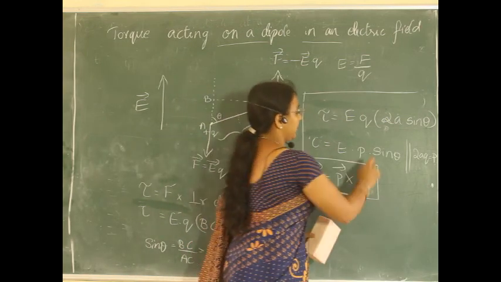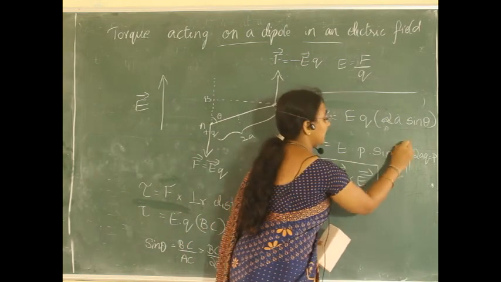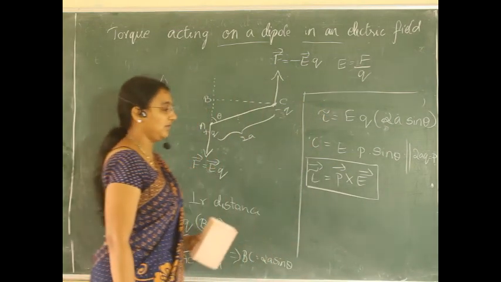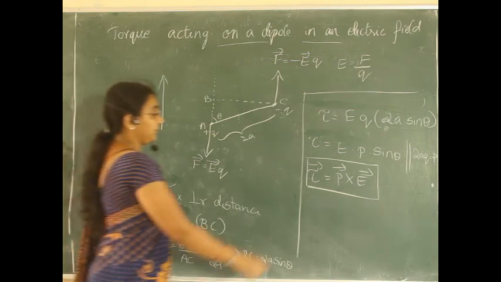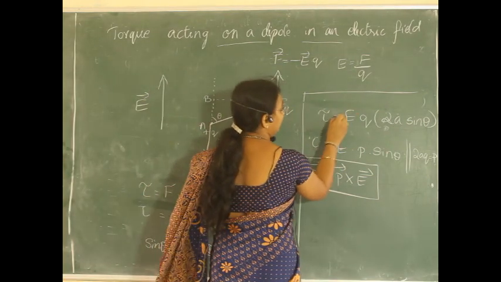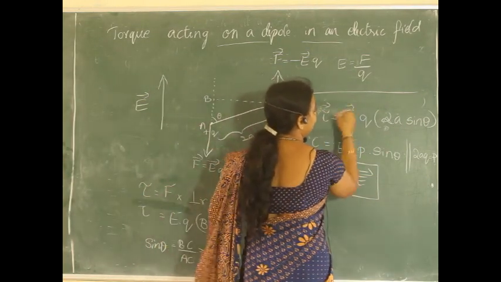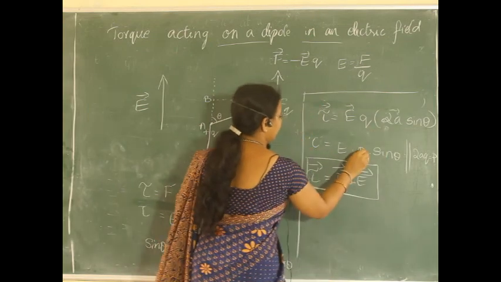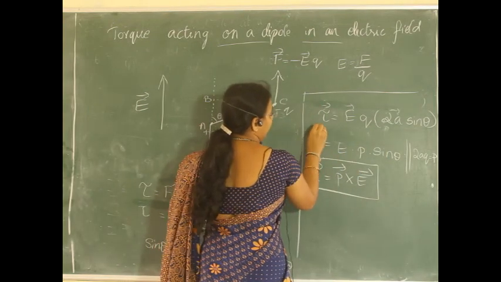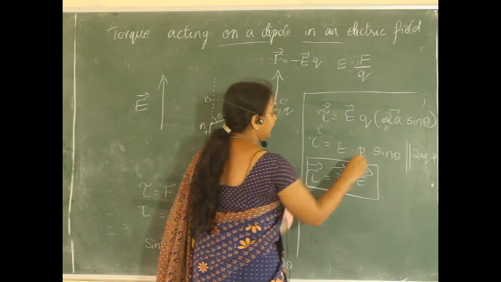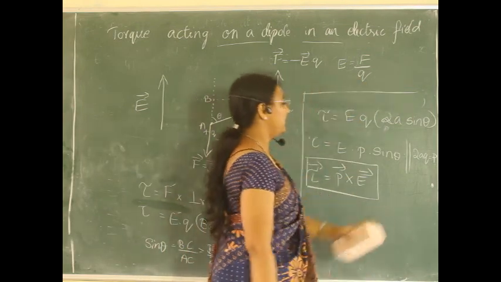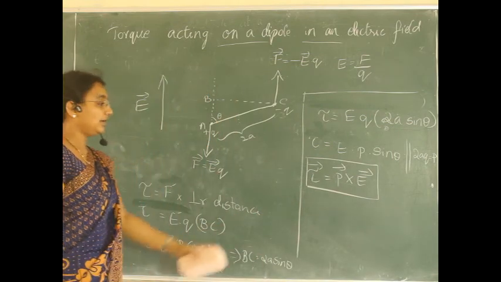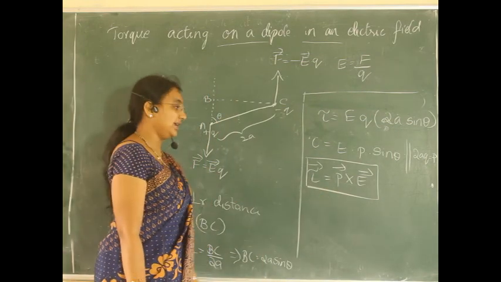Or else, if you write like this with the vector form, we will have to write one P cap. That's all. So this is nothing but the expression. Suppose, like the previous one, you have already put the vector form here and here also, then what you have to do is tau vector, E vector into P cap you have to write. That's all. So if you forget, don't write at the end. It will be very, very easy.